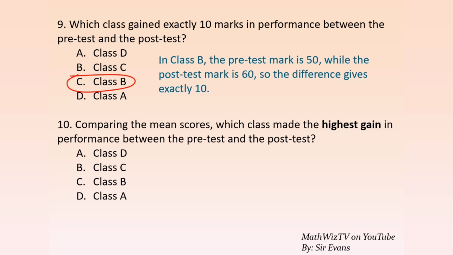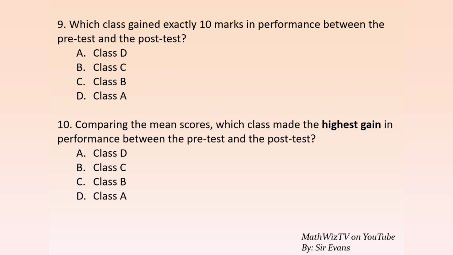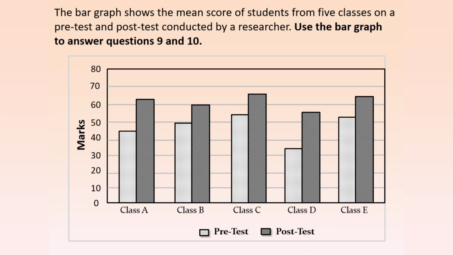Let's look at question 10. Comparing the mean scores, which class made the highest gain in performance between the pre-test and the post-test? Let's get back to the graph again. We all know that one way or the other, we are able to write our project.